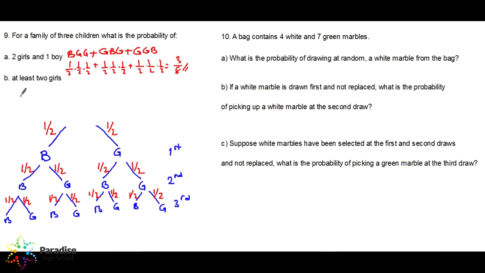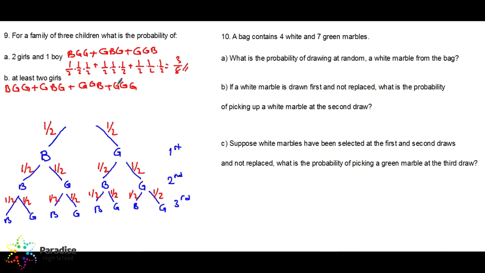Now, at least 2 girls. What are the possible outcomes? At least 2 girls, so it could be BGG, isn't it? Or it could be GBG, or GGB, or GGG.